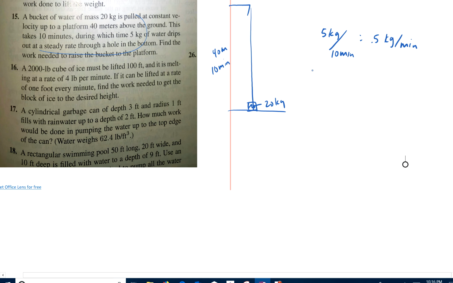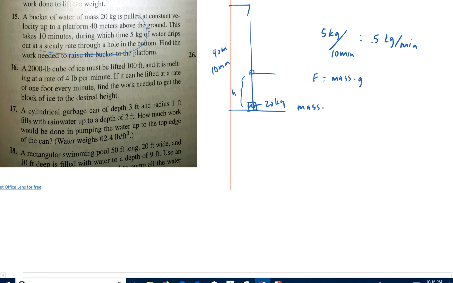So we wanted to figure out what is the force that we're pulling up on this, say at some height h. So what's the force there? I know the force is going to be the mass times gravity. So I want to basically figure out what's the mass of my bucket at any height h.